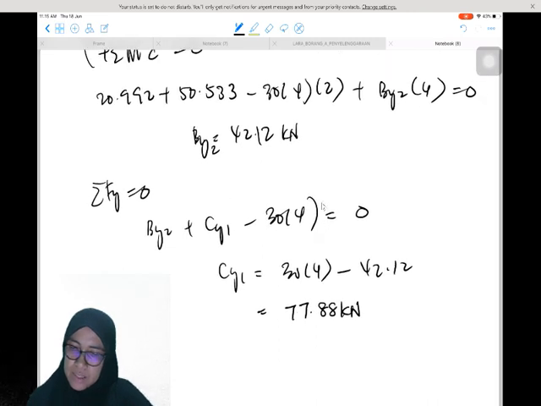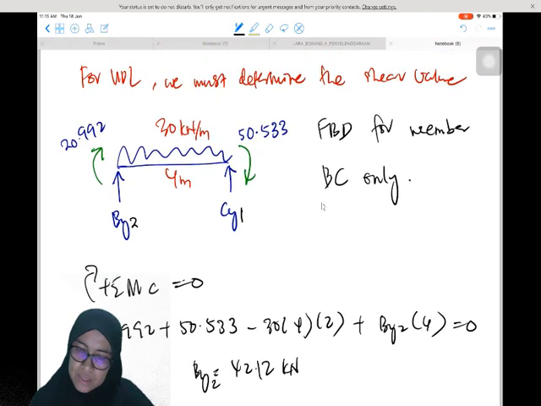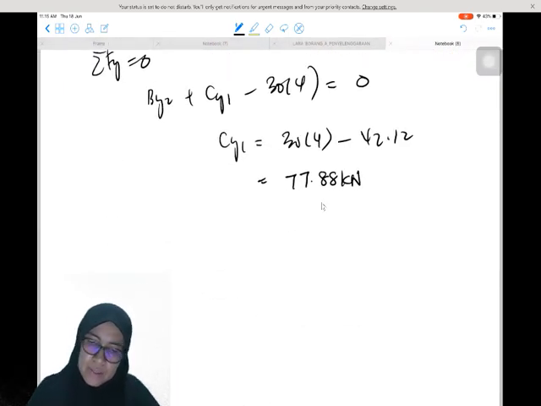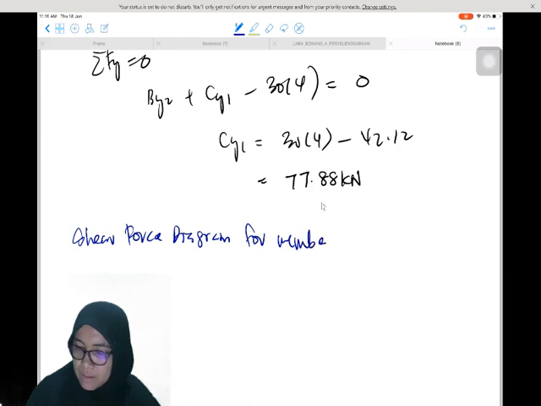Okay, so we will draw the shear force diagram for member BC.